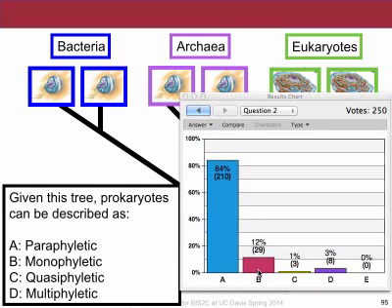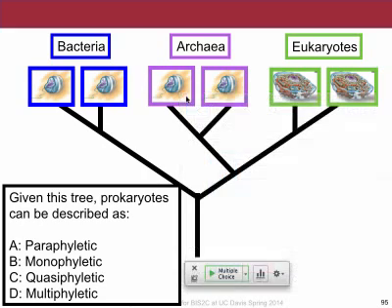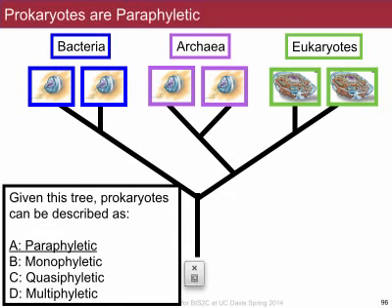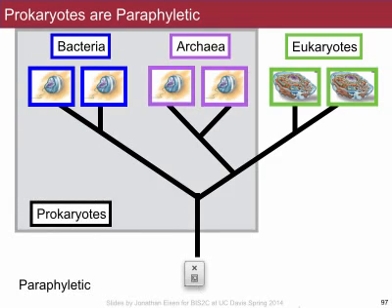All right, good. It was hard not to laugh when I read out quasiphyletic, but the correct answer is A. I'm just going to show you what that looks like. Prokaryotes are paraphyletic. That's what paraphyly looks like. Archaea and bacteria are both prokaryotes.